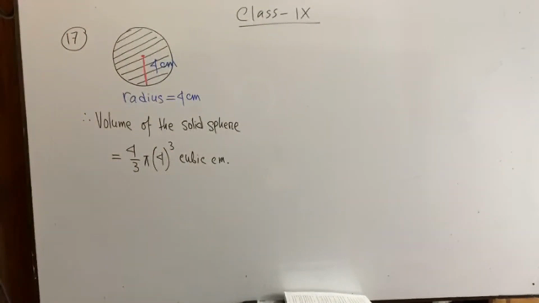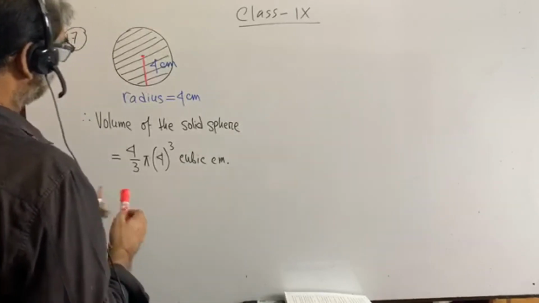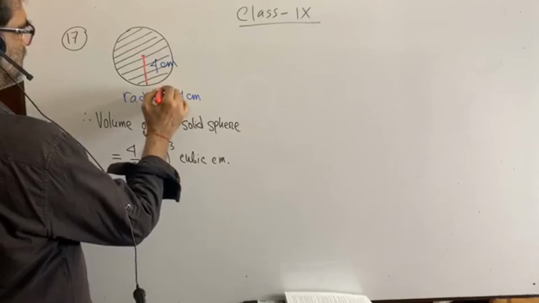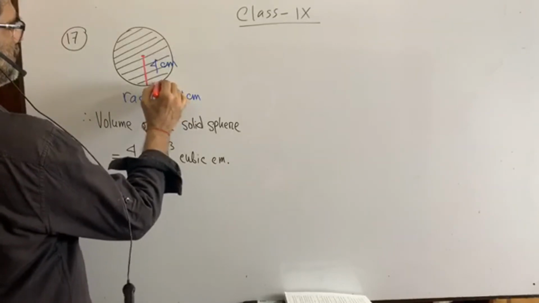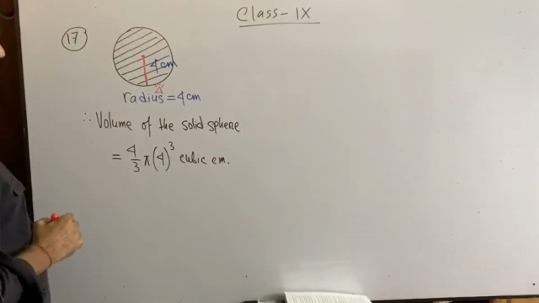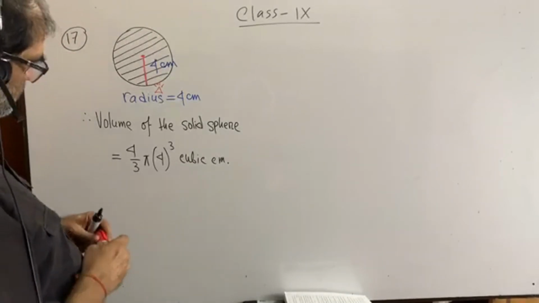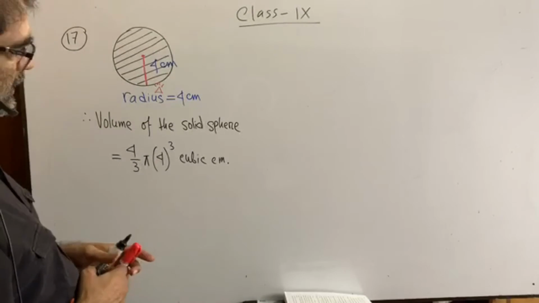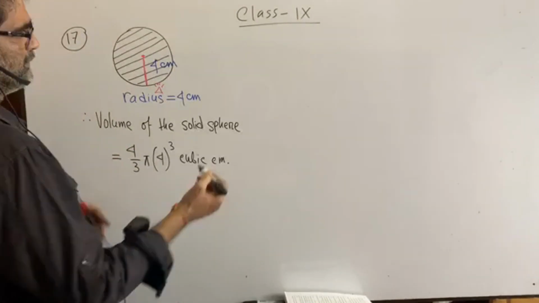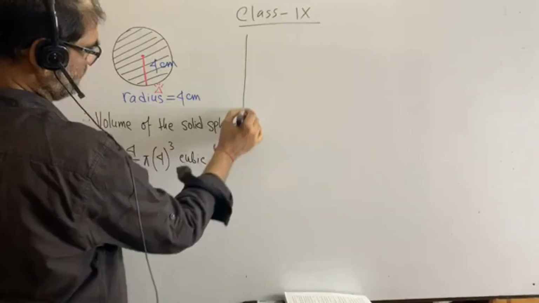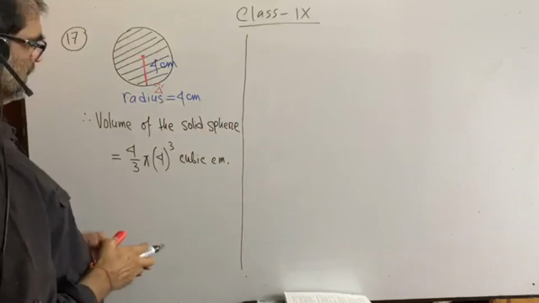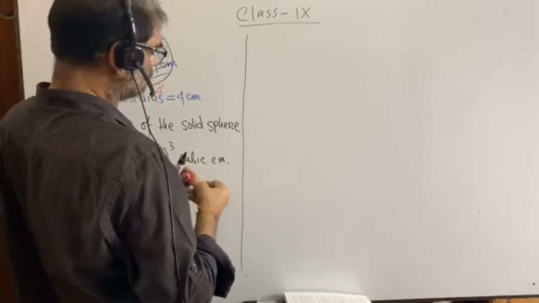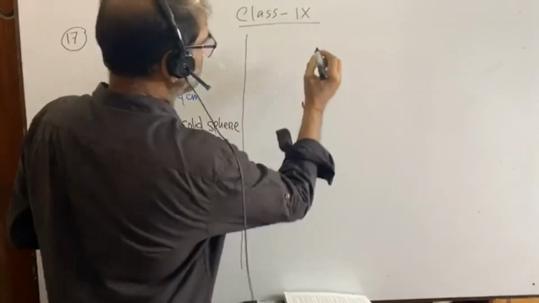Okay, now it is told in the question that it will be melted. That means it will be melted, and the molten part will be used to form a hollow sphere. What is meant by this? Okay, you try to understand. The molten part now will be used to form a hollow sphere.